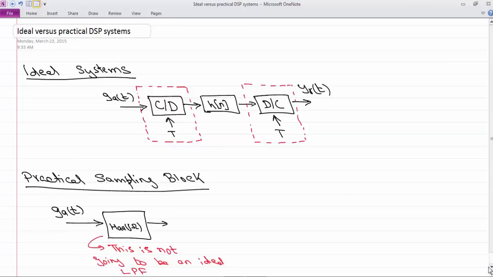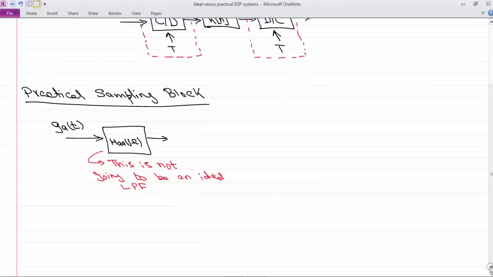The ideal filter we have talked about is a perfect box with a cutoff of pi by T and minus pi by T.